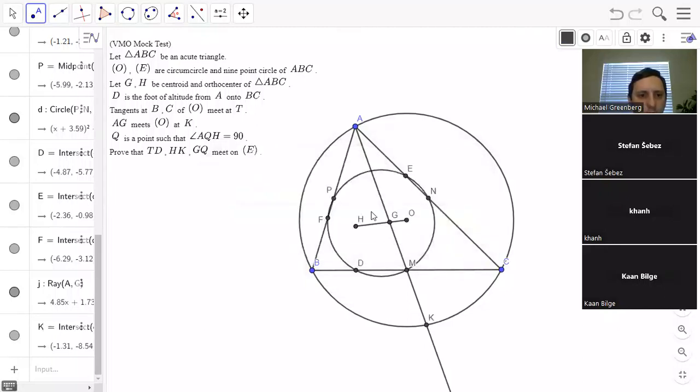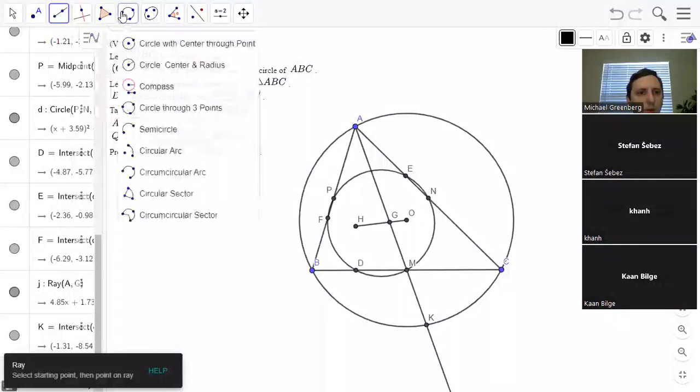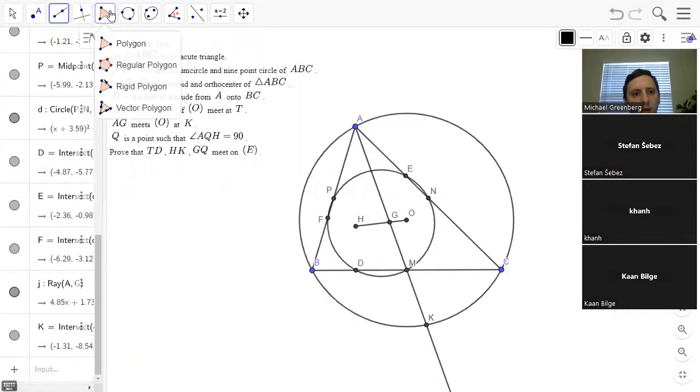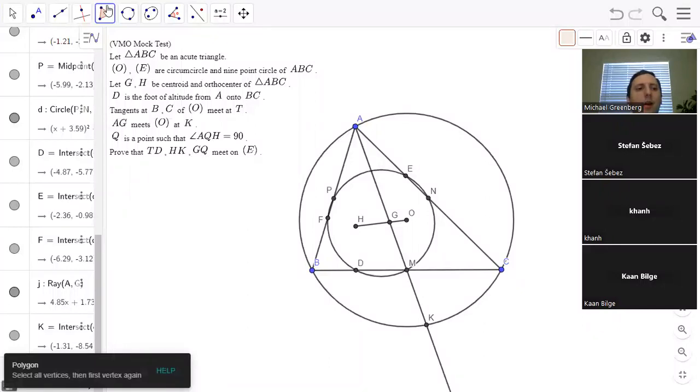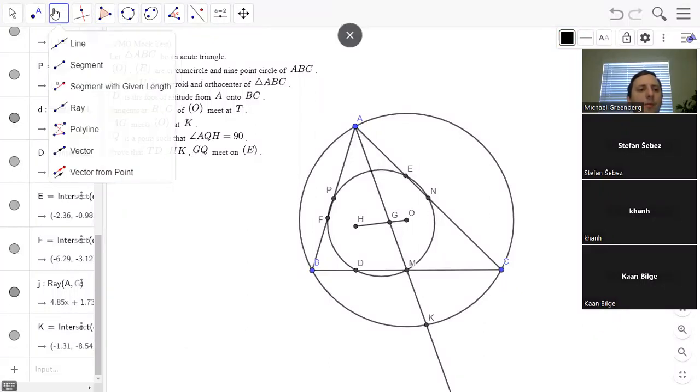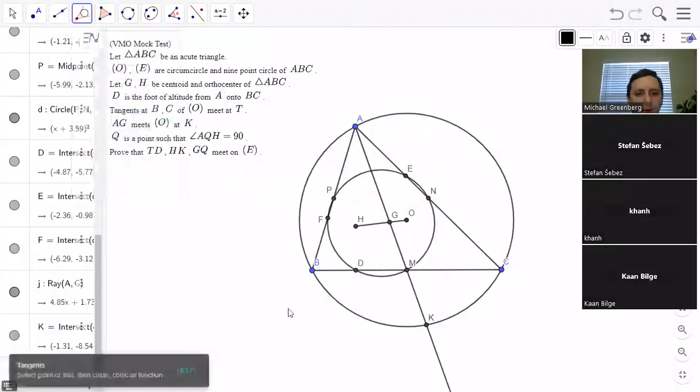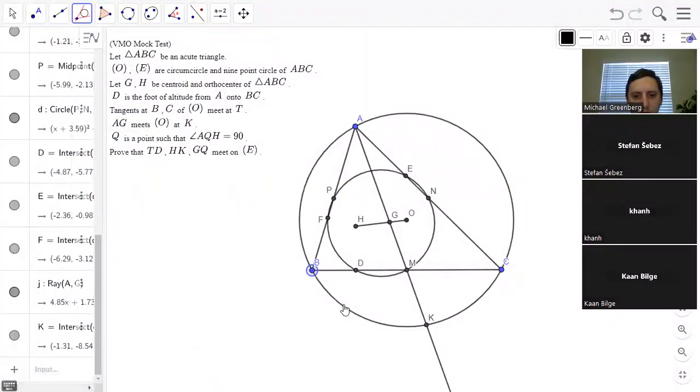I don't know if it's necessary to draw G. I don't think it is. So yeah, they want us to prove that GQ meets the other two lines on the 9-point circle. Oh, you're right. Good point. So we do need G.